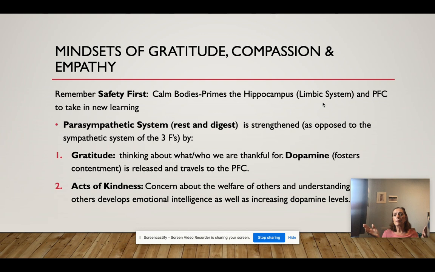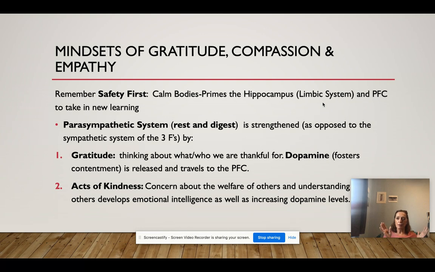Gratitude is thinking about what and who we are thankful for. So modeling that for our kids is great. I'm really thankful that you're here today. I'm really thankful that the sun is shining today. So we're going to try to foster that contentment.